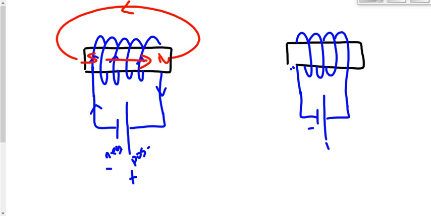This is my negative, this is my positive terminal again. That means my current is going up in the back, down in the front, loops around, up in the back, down in the front, and so on, looping back to the battery or the power supply. Now, you want to find the polarity of this? You could probably guess based on the diagram on the left side of the board right now, but we don't want to guess because on a test, you don't have that other diagram there.